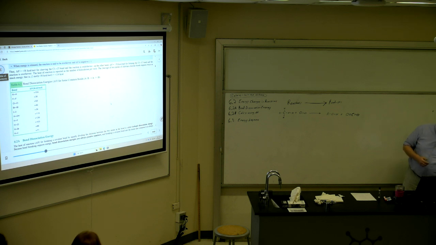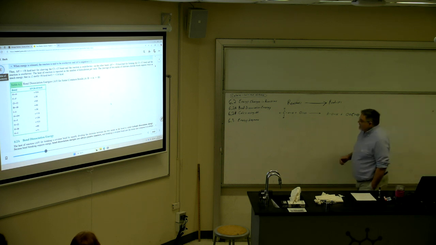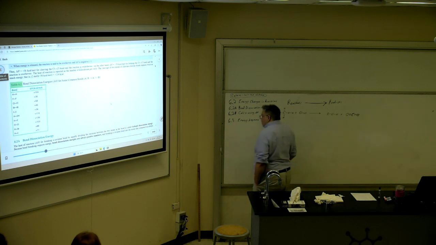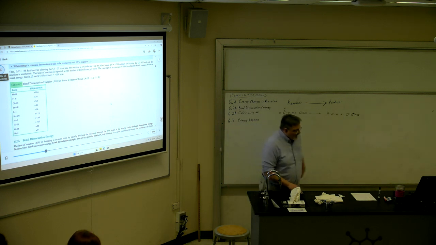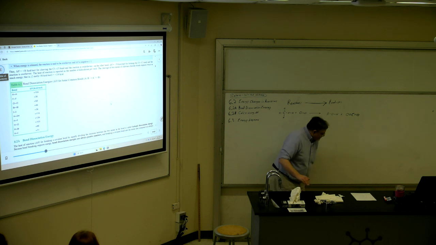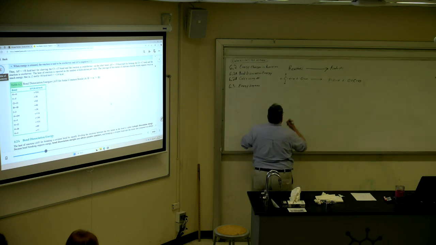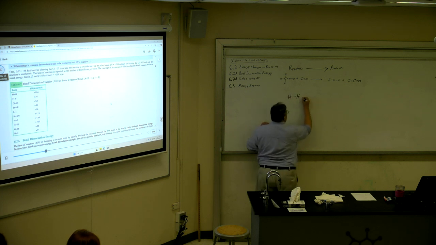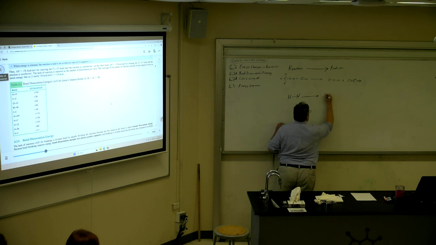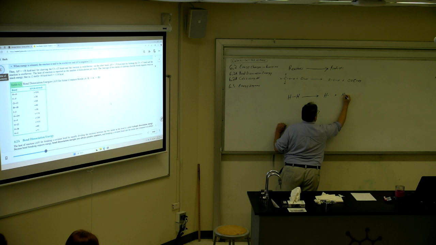But notice the value, the delta H there is a delta H for, like if you just had a process that went like this. We have just H2, and then a reaction occurs, and we end up with H with its electron plus H with its electron.